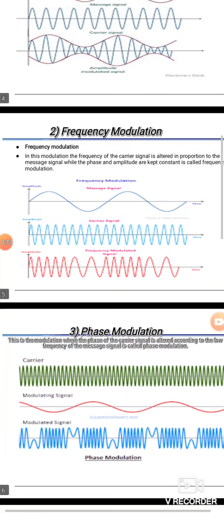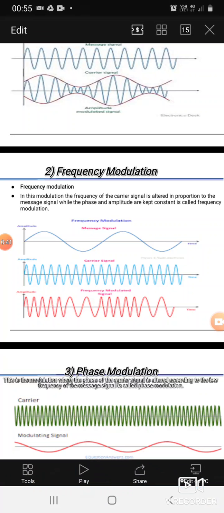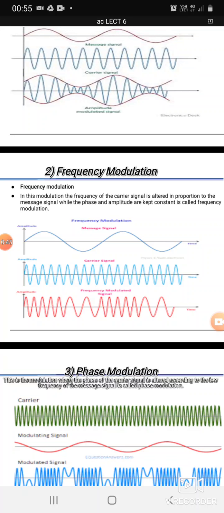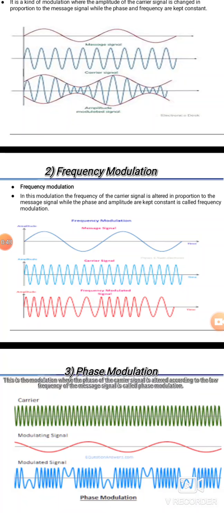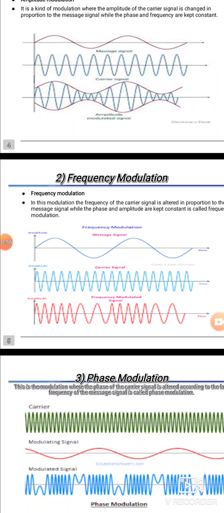In every type of modulation we have taken the same modulating signal and the same carrier. In all three diagrams the modulating signal and carrier signal are kept the same. Only the resultant modulated signal changes for AM, FM and PM. The first diagram is for the amplitude modulated signal, the second for frequency modulation, and the third for phase modulation.